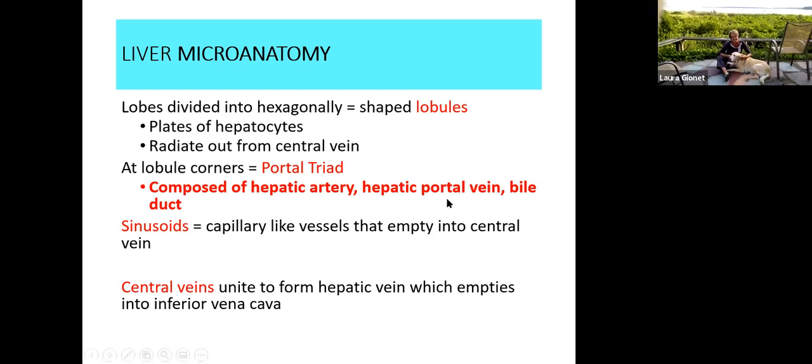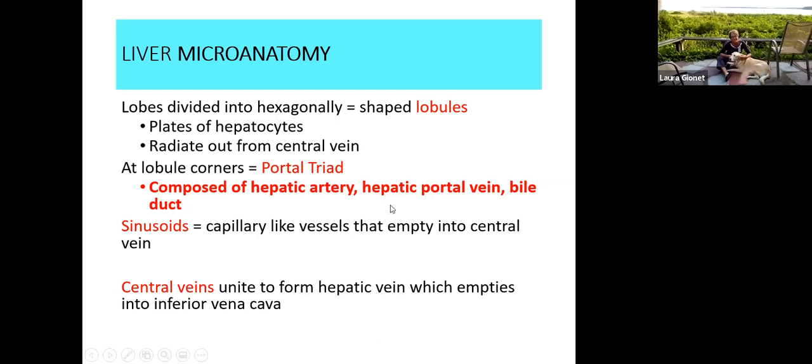The hepatic portal vein on the slide is very, very large. It's kind of like the Grand Canyon of veins compared to its accompanying hepatic artery and bile duct. Those are going to be basically about the same size and sometimes rather difficult to distinguish from each other. But remember, arteries have a muscular tunica media and will have blood in the lumen.